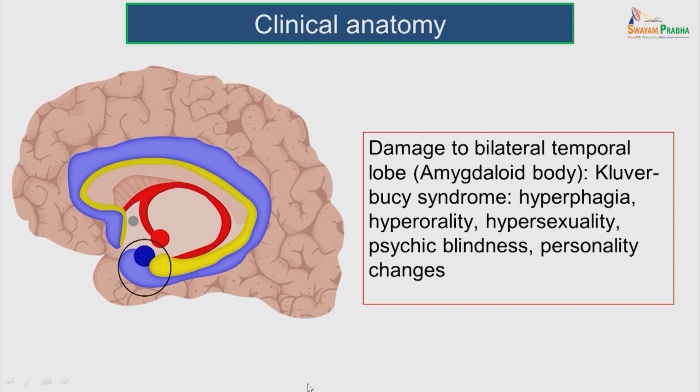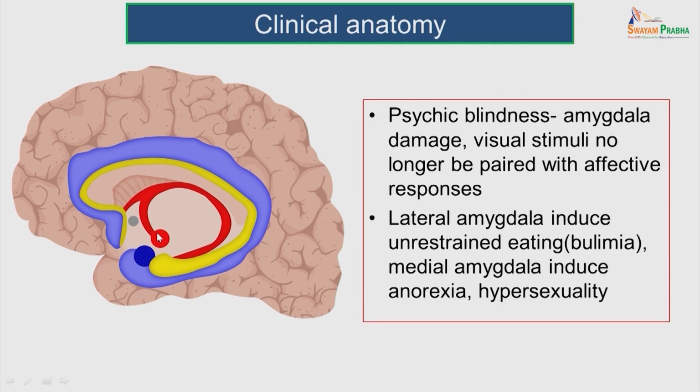Then there is hypersexuality, then the psychic blindness, and also a lot of personality changes, because the amygdaloid body, as we have seen, has connections with a lot of other parts of the limbic system and the cortex. So, what is this psychic blindness? When there is damage to the amygdaloid, the visual stimuli are no longer paired with the affective response.